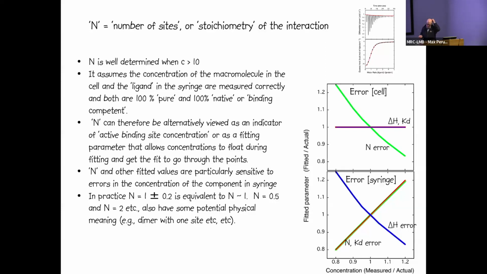I would also point out that calorimetry is not the only technique that can determine stoichiometry. The reason that people imagine it can is mainly because the concentration we need to work at often means that we're well above the KD of the interaction.